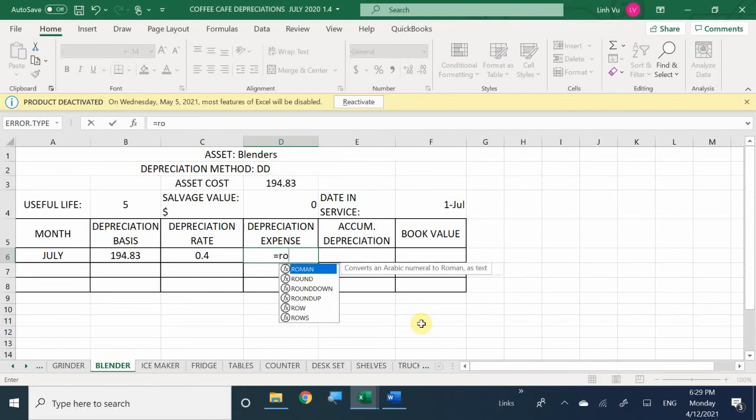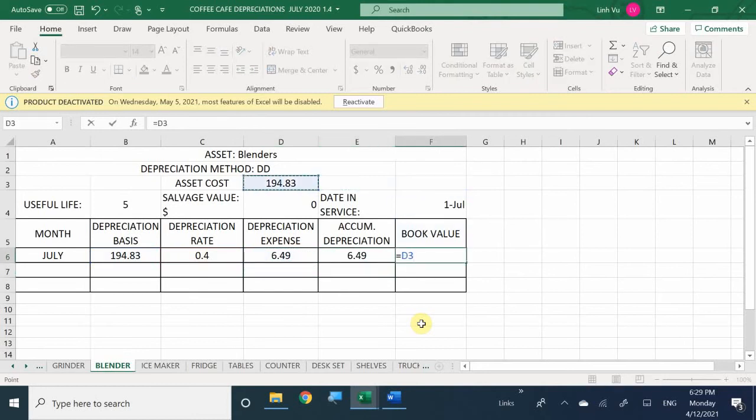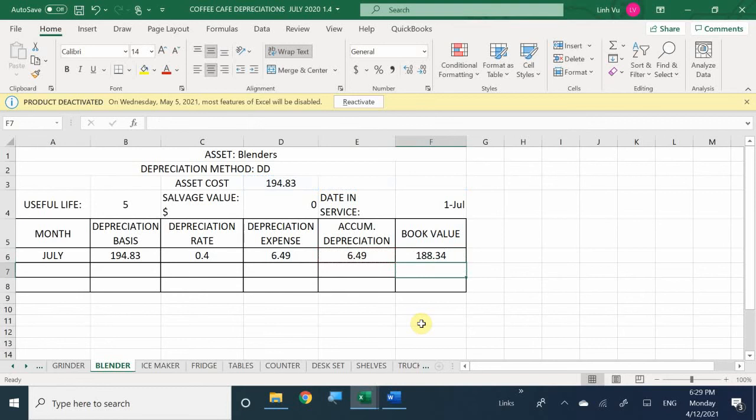So here, I'm going to go ahead and do my calculations. 194.83 multiply my rate of 40%, right? I need to divide this by 12 because I need to look for my monthly expense. So in this case, I should get a grand total of $6.49. Okay. There you go.